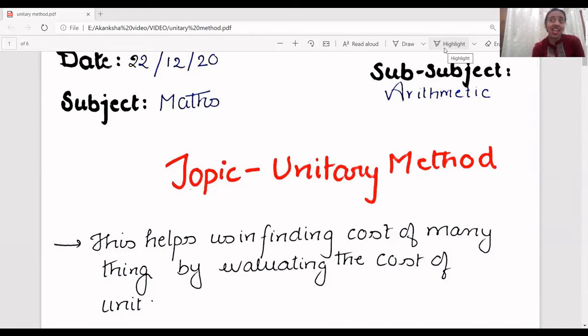When someone says 10 toffees cost this much, and suppose you wanted to buy 20 toffees, the first thing you would do is calculate the cost of one toffee, right? And that cost of one unit would help you calculate the cost of the 20 toffees that you want to buy. So the unitary method helps us in finding out the cost of many things by evaluating the cost of one unit element.